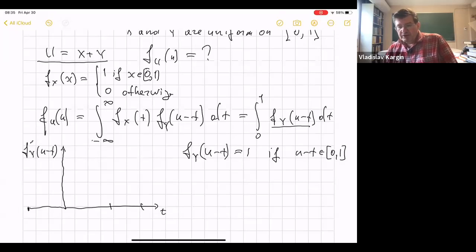Now we are looking at the graph of this function, which depends on t.